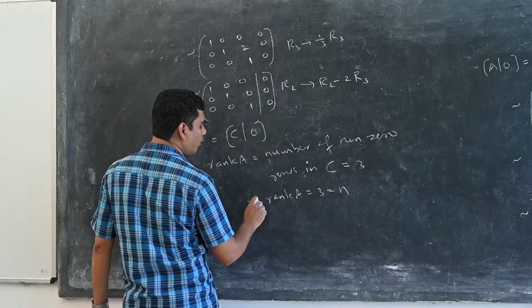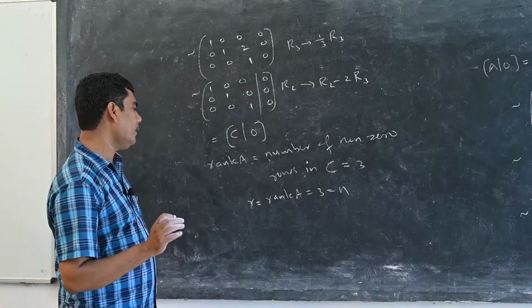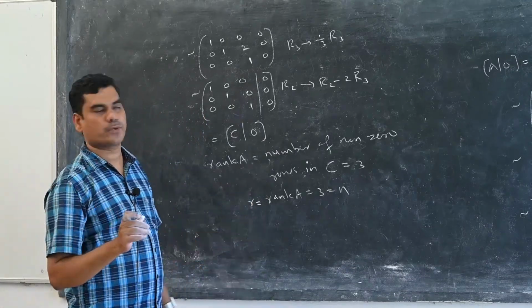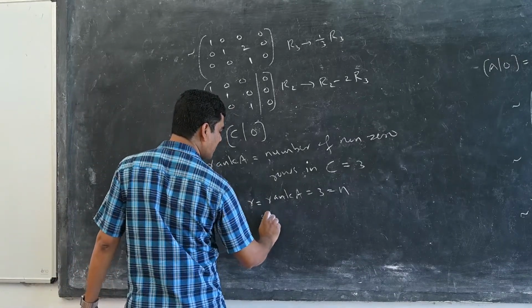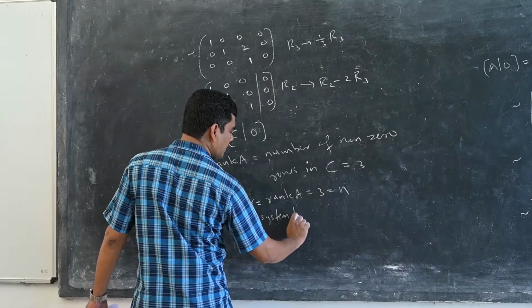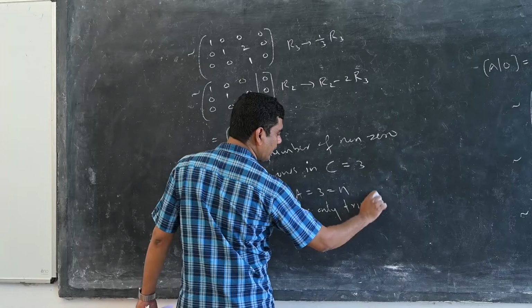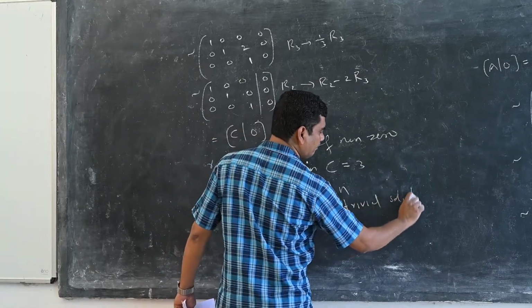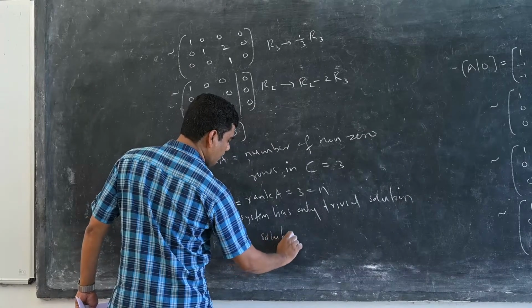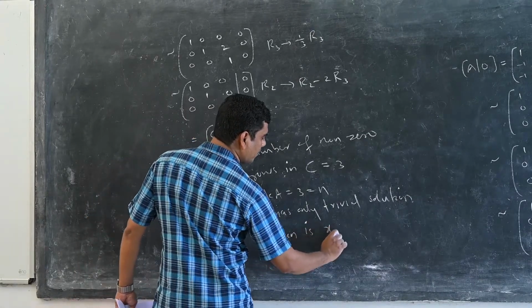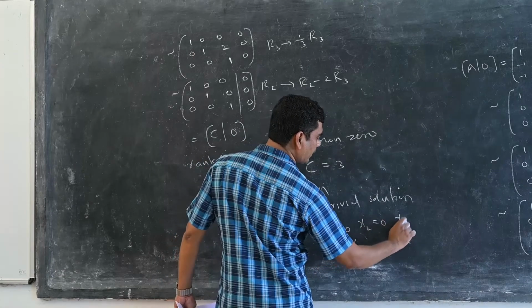So if r is equal to n, then the system has only the trivial solution. Solution is x1 is equal to 0, x2 is equal to 0, x3 is equal to 0.